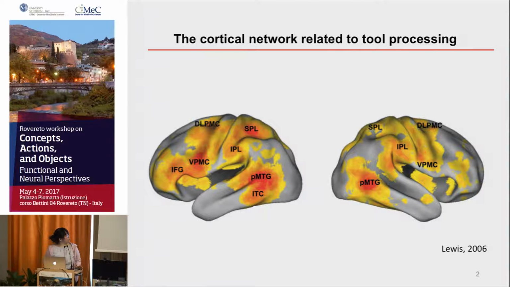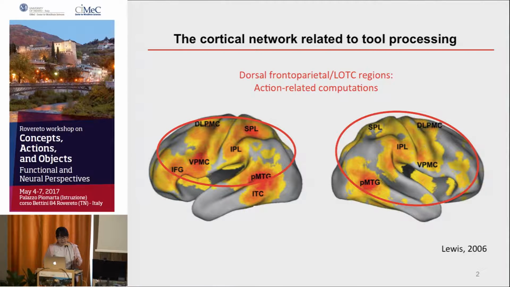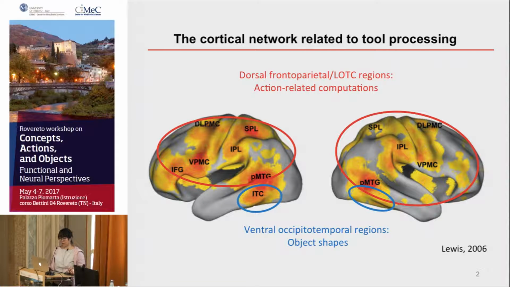There is evidence suggesting a functional dissociation between dorsal and ventral regions, with dorsal frontoparietal regions and the lateral occipital temporal cortex implicated in computing action-related properties of tools, and the ventral occipital temporal regions implicated in processing of object shapes.